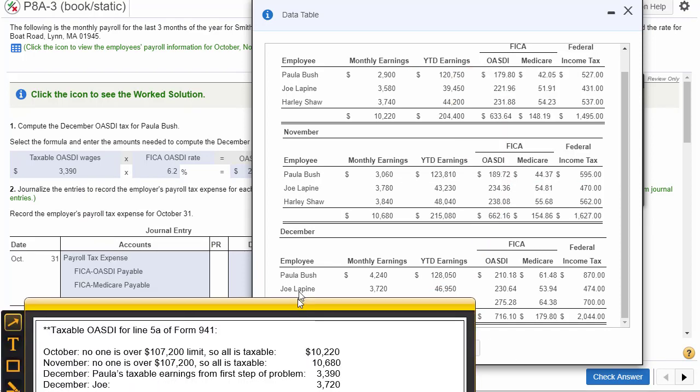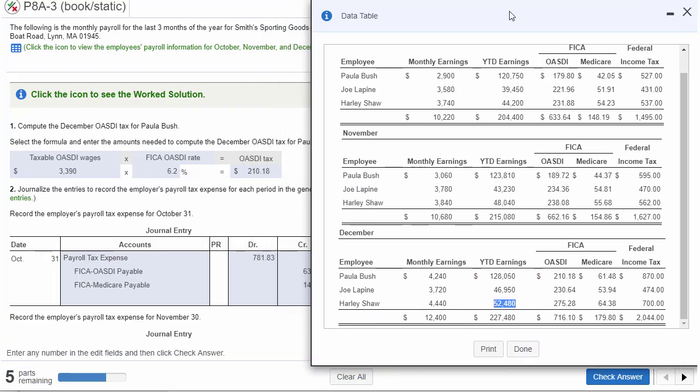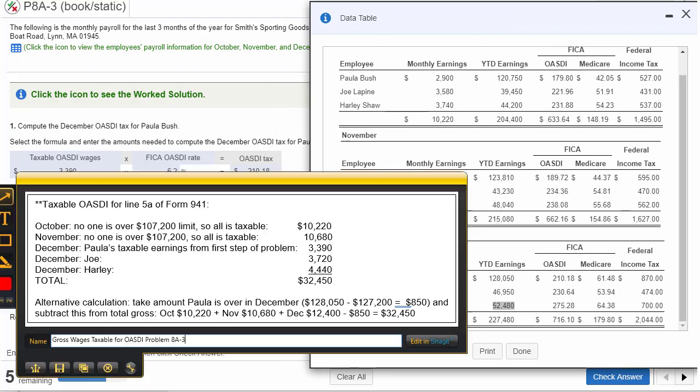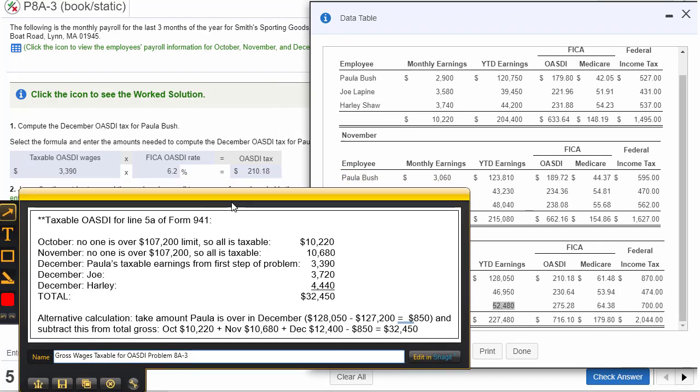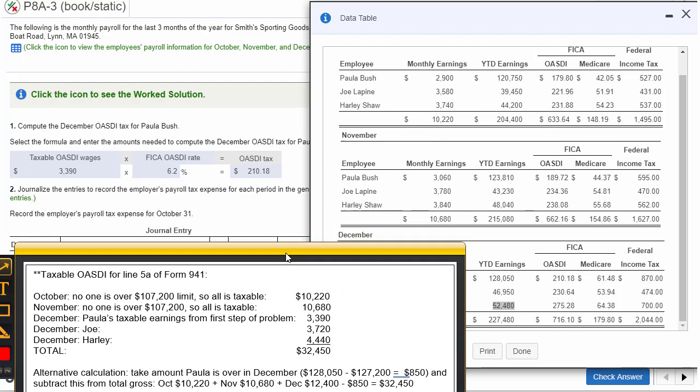So here's a summary. Oops, where did my screenshot go? Here it is. All right. So again, for October, all of this $10,220 is taxable for OASDI. For November, all of this $10,680, which is right here, is taxable.